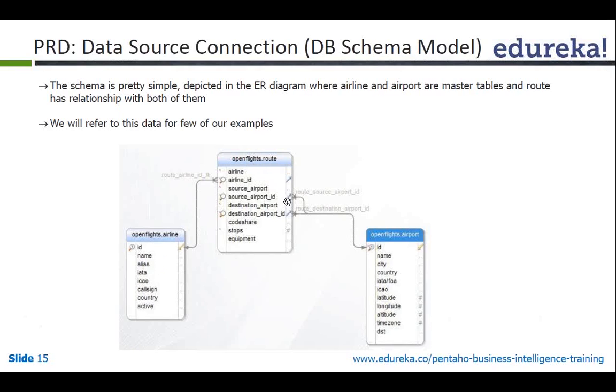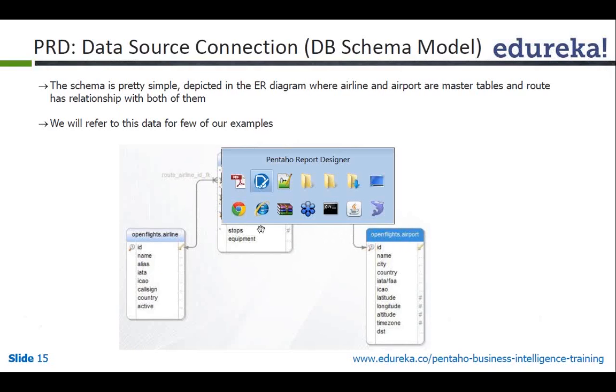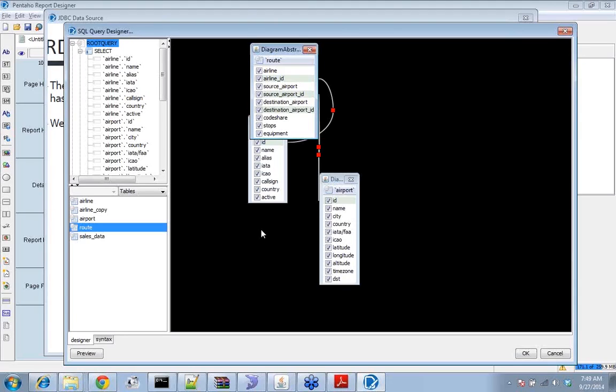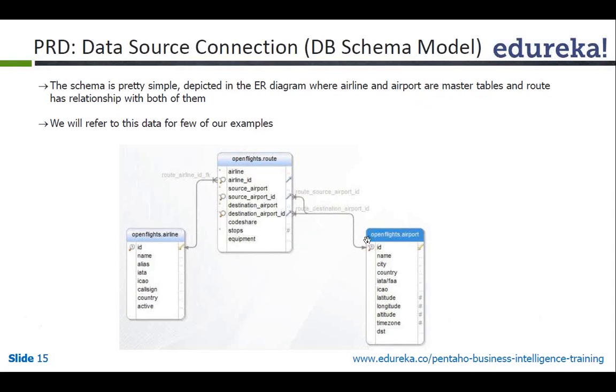So that airline ID will be there, and that particular route will have airports linked. So that airport ID will also be there. And then airport in turn has the source as well as destination. So that's why there are two foreign keys.